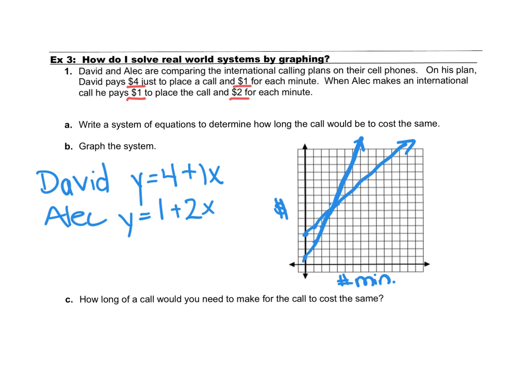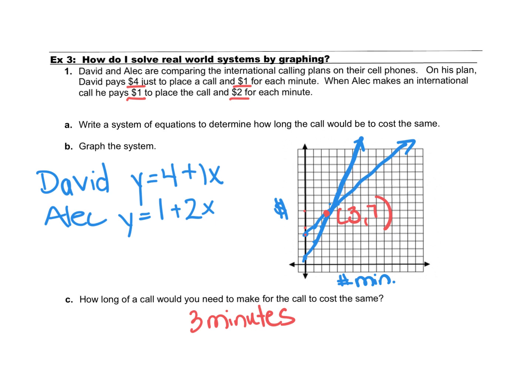So how long would it take for the cost to be the same? Well, notice that after 3 minutes, it's intersecting at the 3, 7, which means that after 3 minutes, on both calls, or both plans, you're going to pay $7.